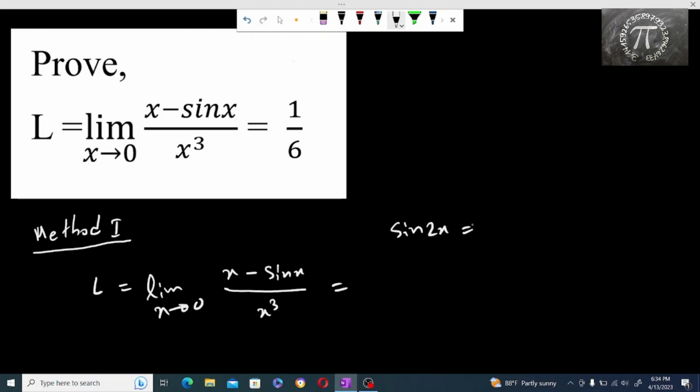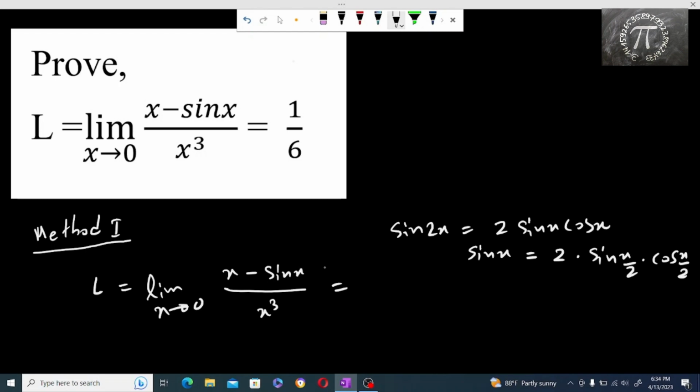Sin 2x equals 2 sin x cos x, so sin x also equals 2 sin(x/2) cos(x/2).